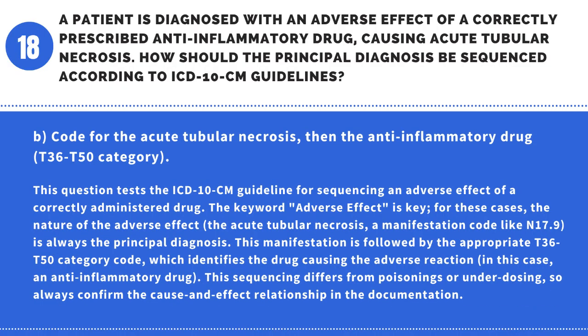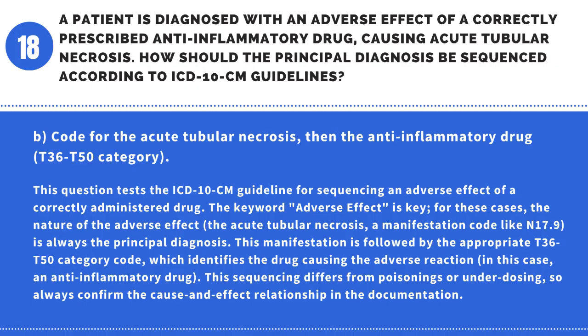Answer B. Code for the acute tubular necrosis, then the anti-inflammatory drug, T36-T50 category. This question tests the ICD-10-CM guideline for sequencing an adverse effect of a correctly administered drug. The keyword adverse effect is key. For these cases, the nature of the adverse effect, the acute tubular necrosis, a manifestation code like N17.9, is always the principal diagnosis.